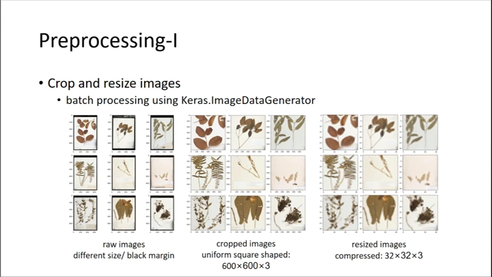So we decided to remove the black margins and also make these images uniform. So we crop a square shape at the center of each image and also resize these squares to smaller ones. We used the batch processing API from Keras. This API can help us to process the dataset quickly.